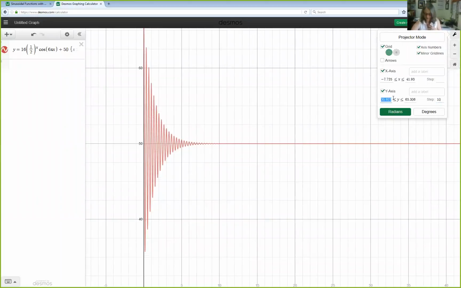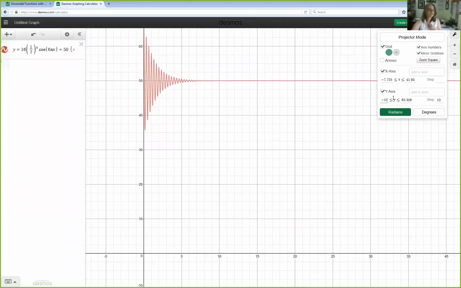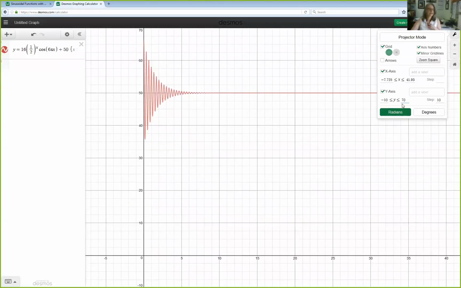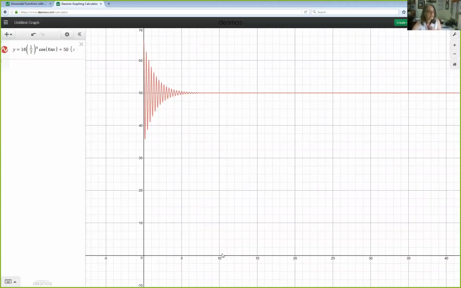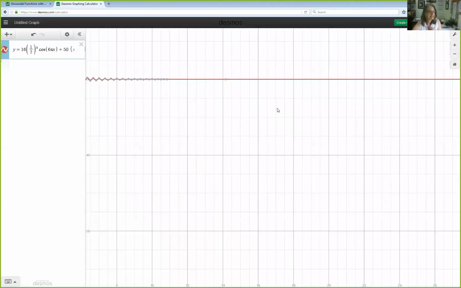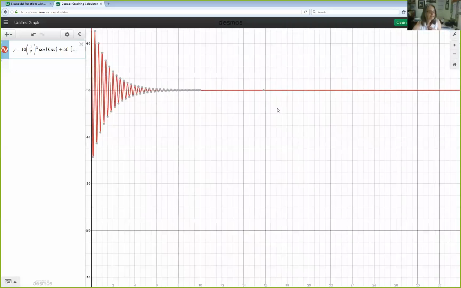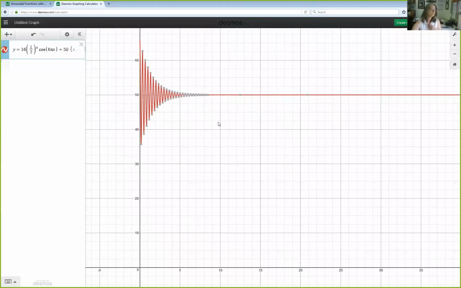Let's just go from -10 to 70. There we go. And you can see that at about 10 seconds, we've finally almost gotten to our spring being still again. It's not really still. If we zoomed in, there would still be a little bit of bounce. But you can see how this works.